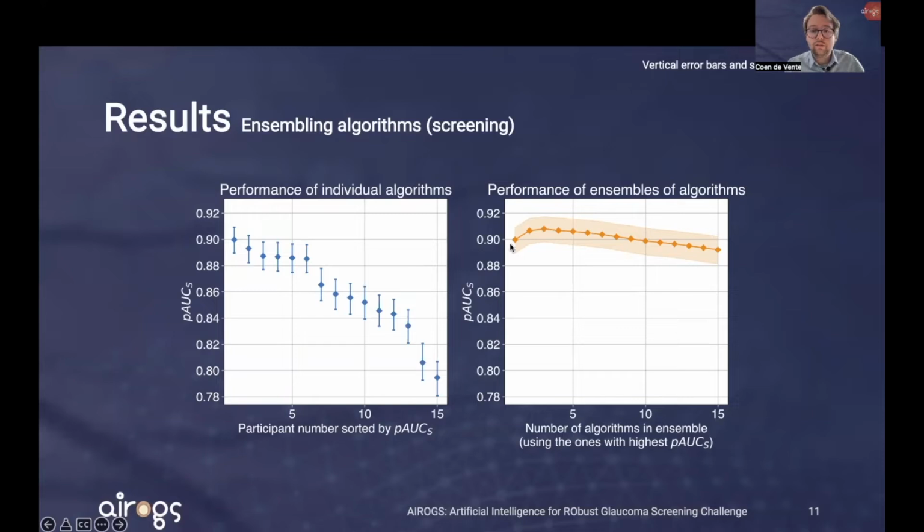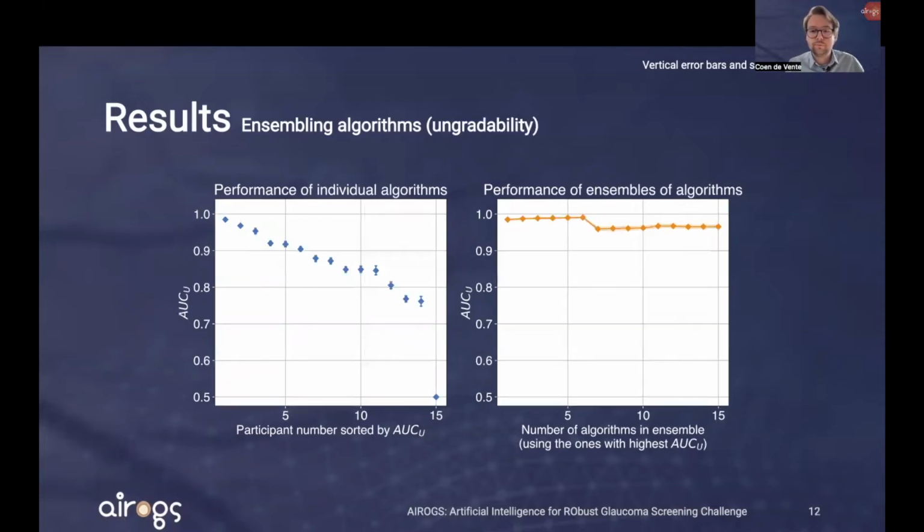And then on the right, you see that it actually increases and is most optimal if you use the first 3 submissions. And the performance increases a bit more. And the same for the area under the curve for ungradability. It increases a bit more even until combining the first 6 models.